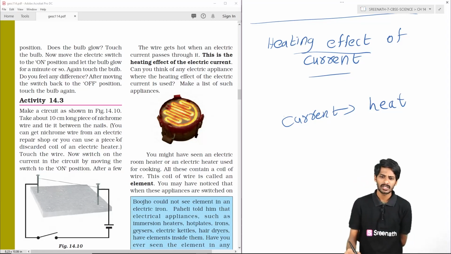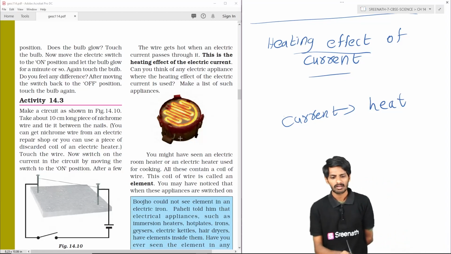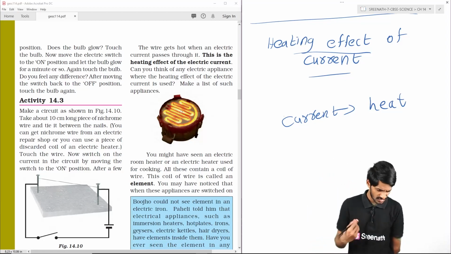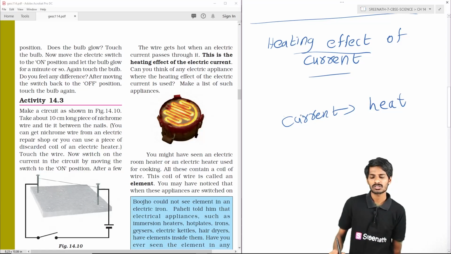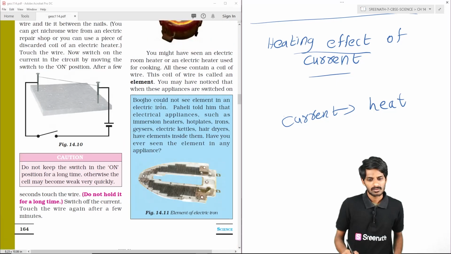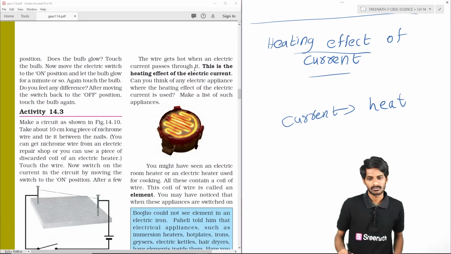If you see here, it is one of the electric heaters. In some cases, if current flows, the coils become very hot, red hot. This is the heating effect of the electric current.